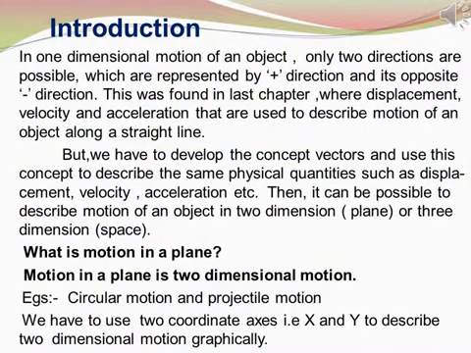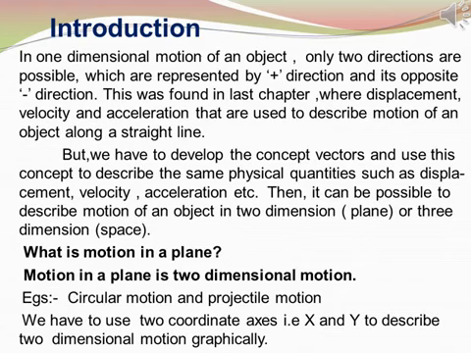From the last chapter, motion in a straight line, you understood that in one-dimensional motion of an object, only two directions are described, which are positive direction and its opposite direction, negative direction. In that chapter, displacement, velocity, acceleration are used to describe the motion of an object along a straight line.